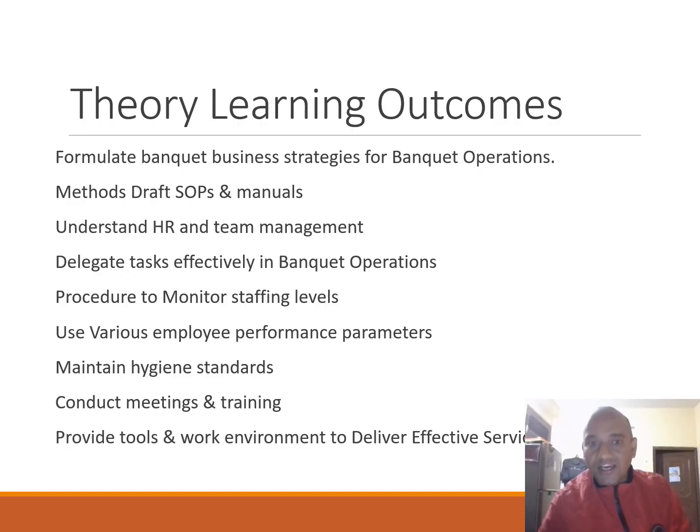The theory learning outcomes we are going to discuss today: formulate banquet business strategy for banquet operations, draft SOPs and manuals, understand human resource and team management, delegate tasks effectively in banquet operations, procedures to monitor staffing level, various employee performance parameters, maintain hygiene standards, conduct meetings and training, provide tools and work environment to deliver effective service to the guest.